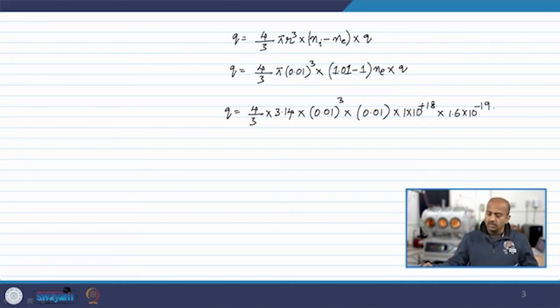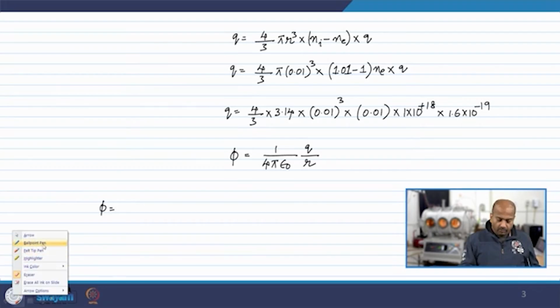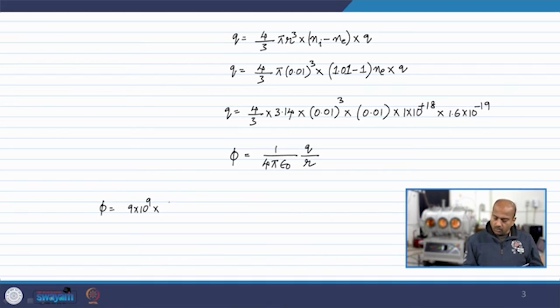This is the charge. What is this? This is the additional charge, right. Now, the potential that will be created out of this has to be phi is equal to 1 by 4 pi epsilon naught Q by R. So, for the potential phi, the value of 1 by 4 pi epsilon naught is 9 10 to the power of 9 into Q. Q is all of this, divided by r, which is 0.01 meters, right.